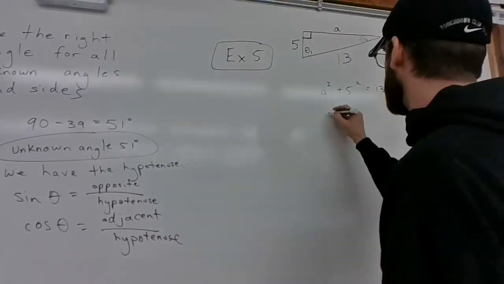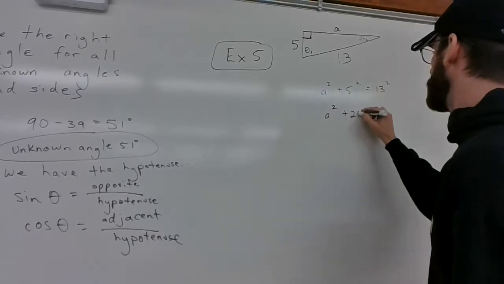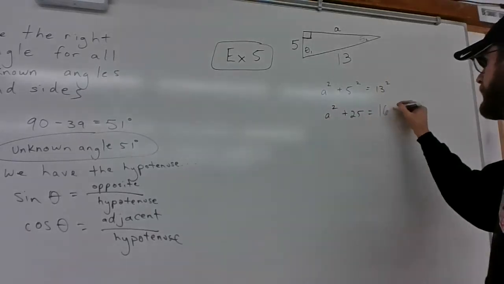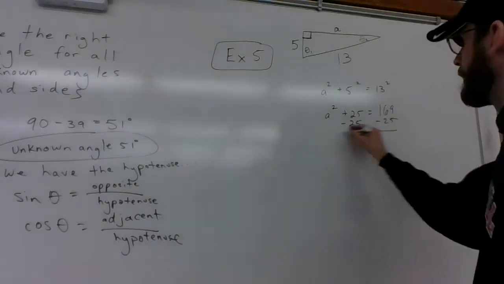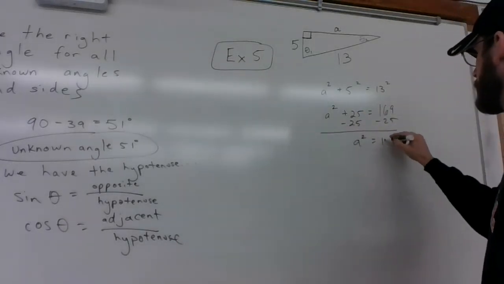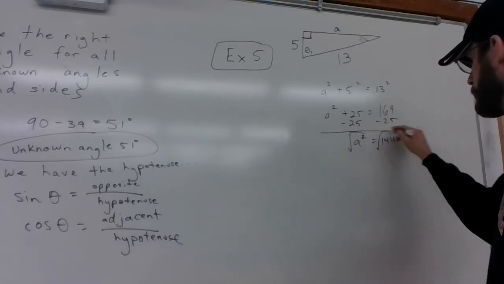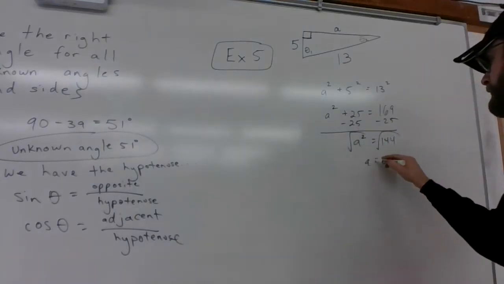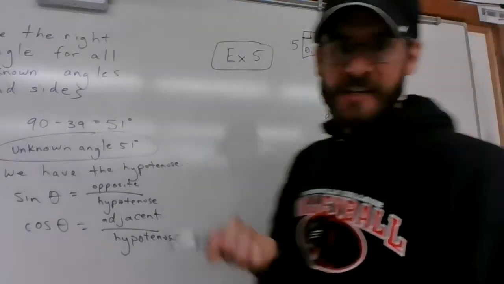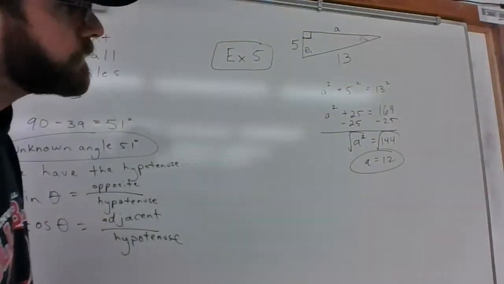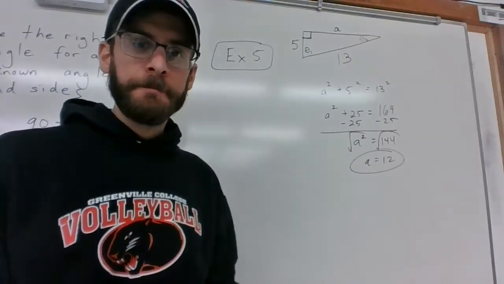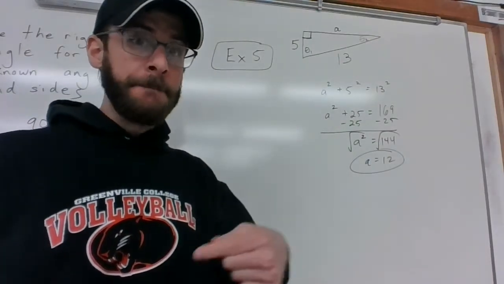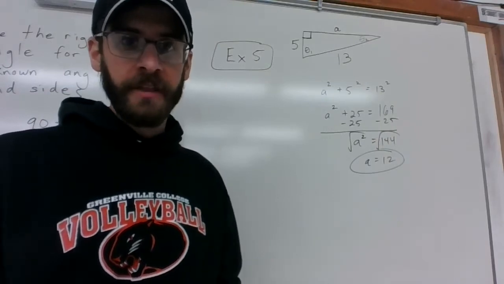Let's double check. 169. So we know that unknown side is 12. Whenever you're given two sides and none of the angles, the side will always be best solved by just doing the Pythagorean theorem.